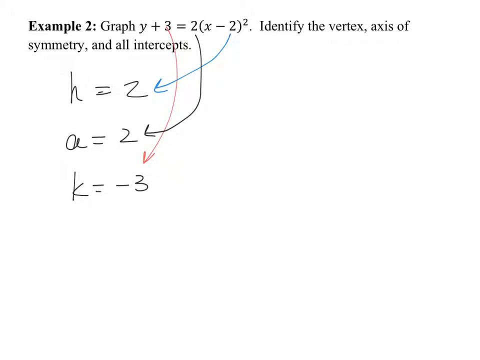Make sure you understand where these parameters are coming from. If you don't, look up at least and check your work to see if you're doing it right. Y plus 3 means that k has got to be negative 3. X minus 2 means h has to be positive 2. And the 2 in the front is indicative of the a value.